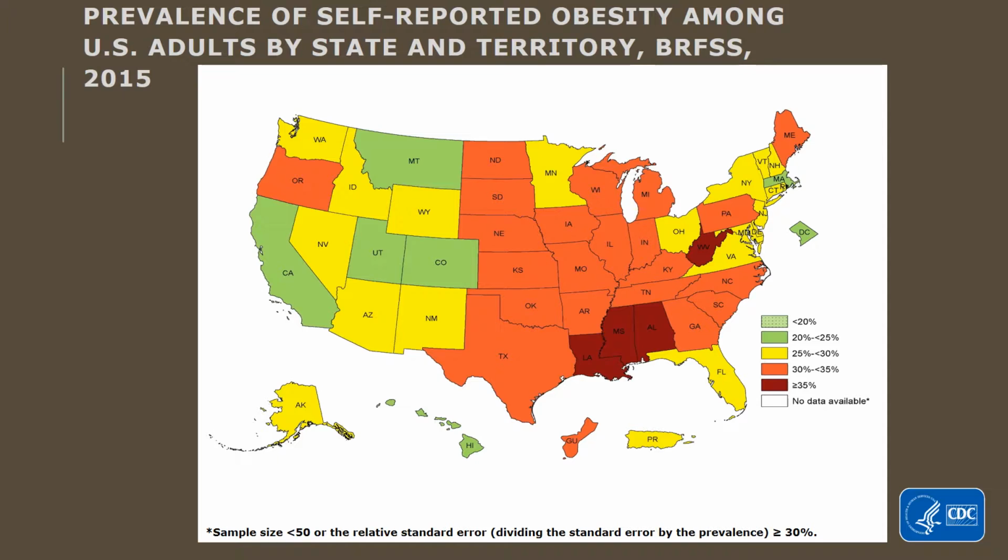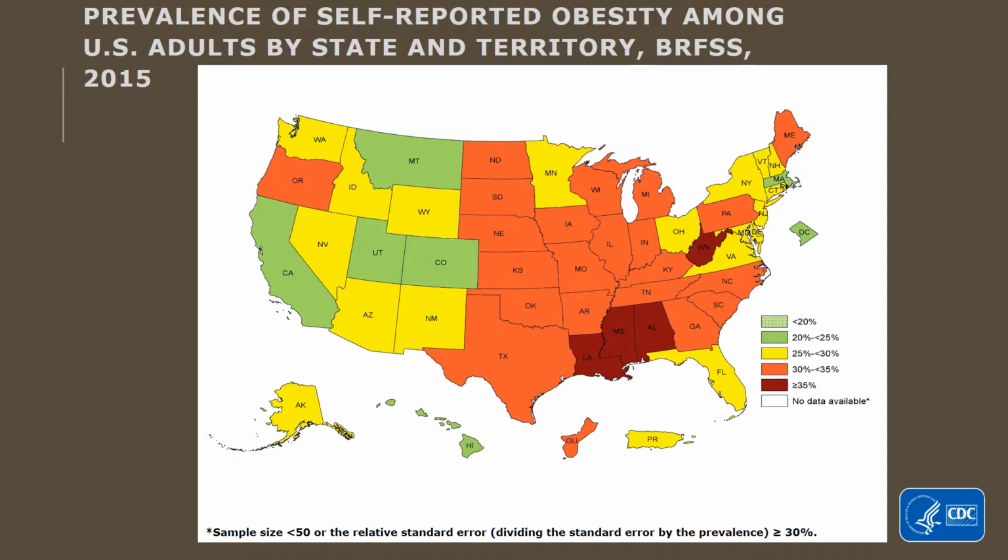Montana is coded as green. This green means 20 to 25% of the population is self-reported obese. So that means that according to the height and weight that they self-reported when they were called for the survey for BRFSS, they gave numbers that put them at a BMI greater than 30.